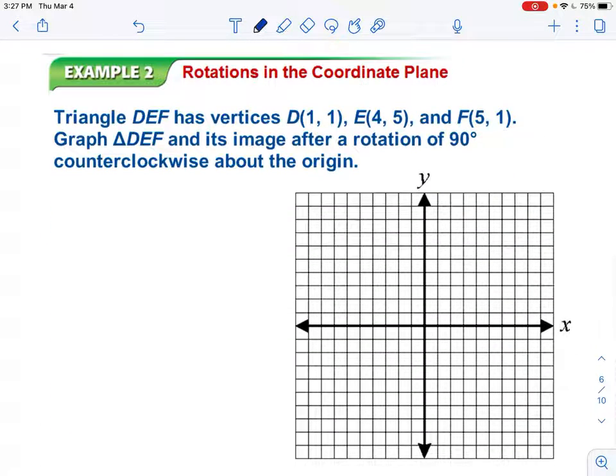Okay, so triangle DEF has vertices of (1, 1), (4, 5), and (5, 1). We need to rotate this 90 degrees counterclockwise about the origin.